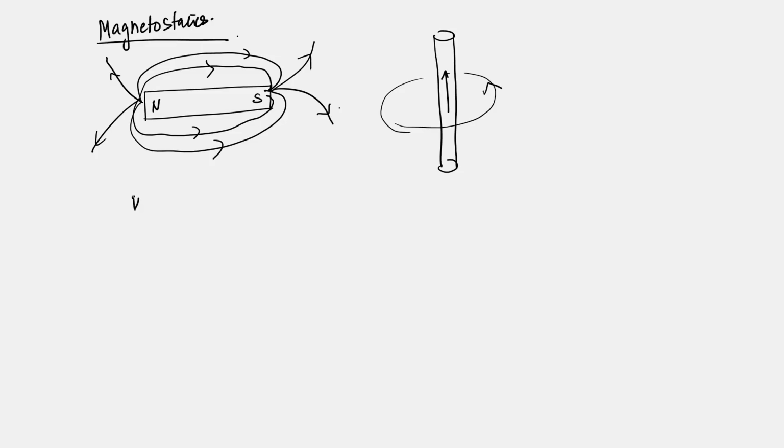So, that is the direction of the magnetic field for static poles, and they are very distinct from the electric field, because the electric field is characterized by divergence of E not equal to 0 and the curl of E equal to 0. We are of course talking about the static case.